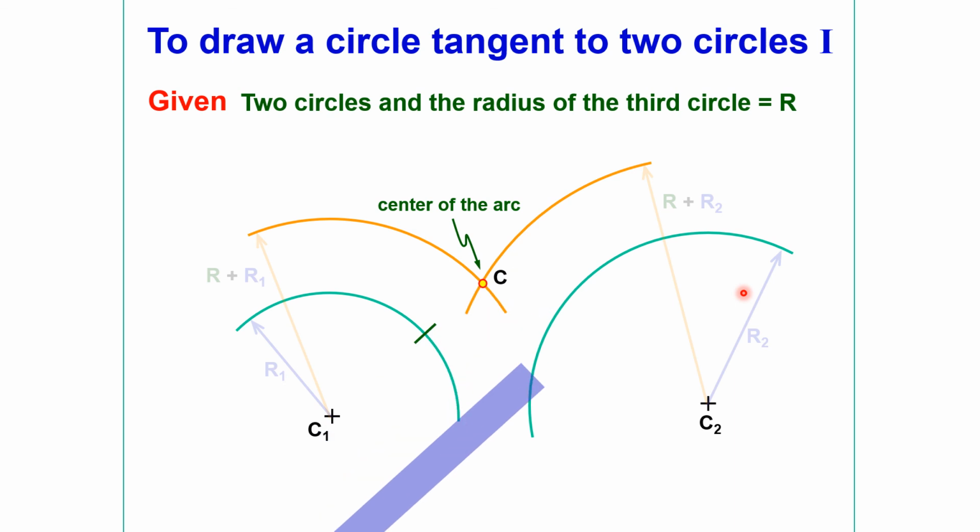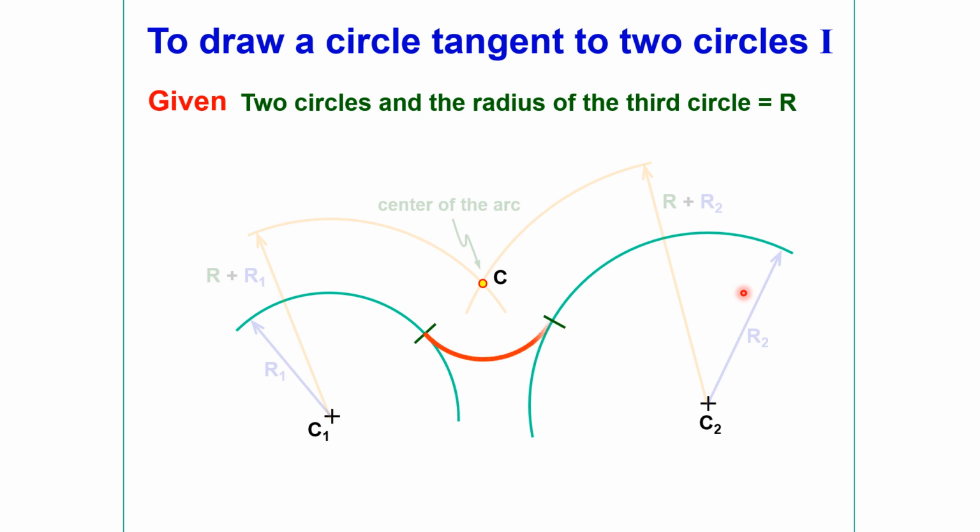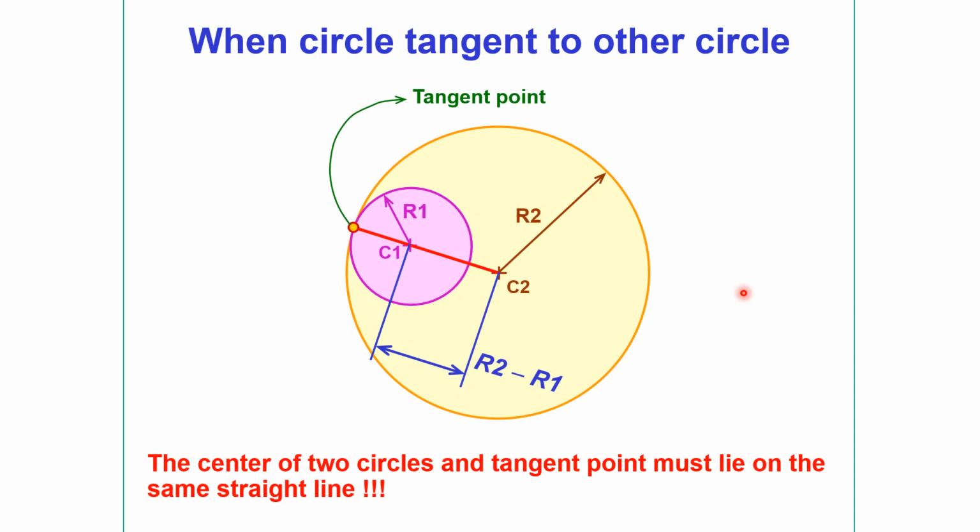Now mark the points from where the arc starts and ends. Draw the arc and extend backward.